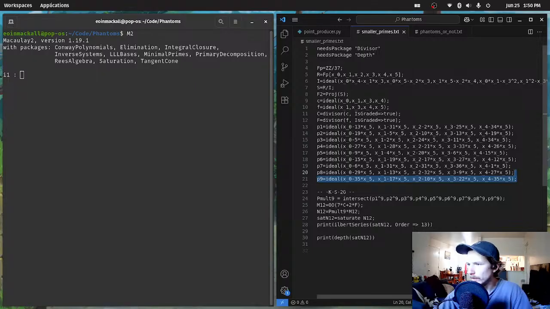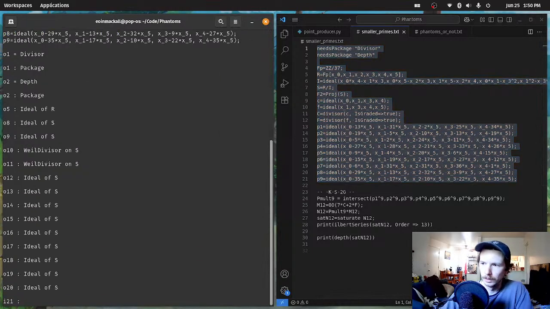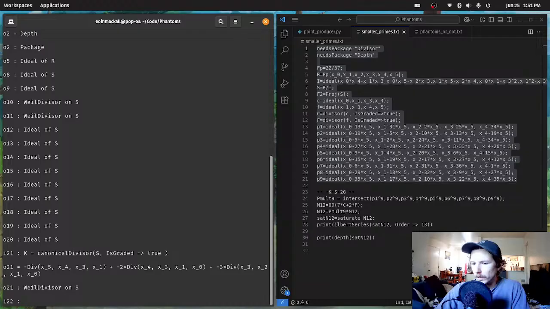So for example, let me just take this and check. We're going to have K be the canonical divisor for S, and make sure that it's graded. Okay, I think this is weird.